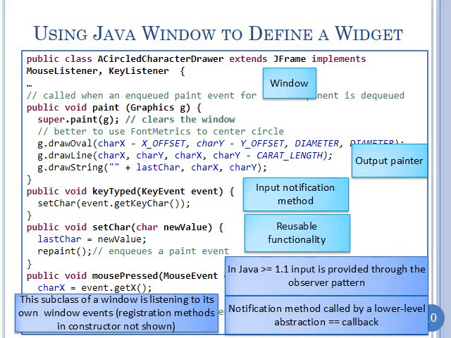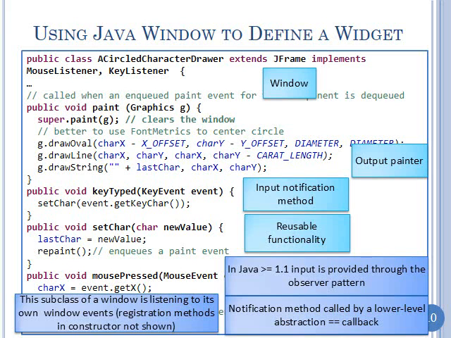I also have methods like setChar here to be called by other external client code, other applications. So setChar is essentially providing reusable functionality. Somebody else can use this particular class to just set the character, and that character will change on the display. This is like having a set text in a widget.